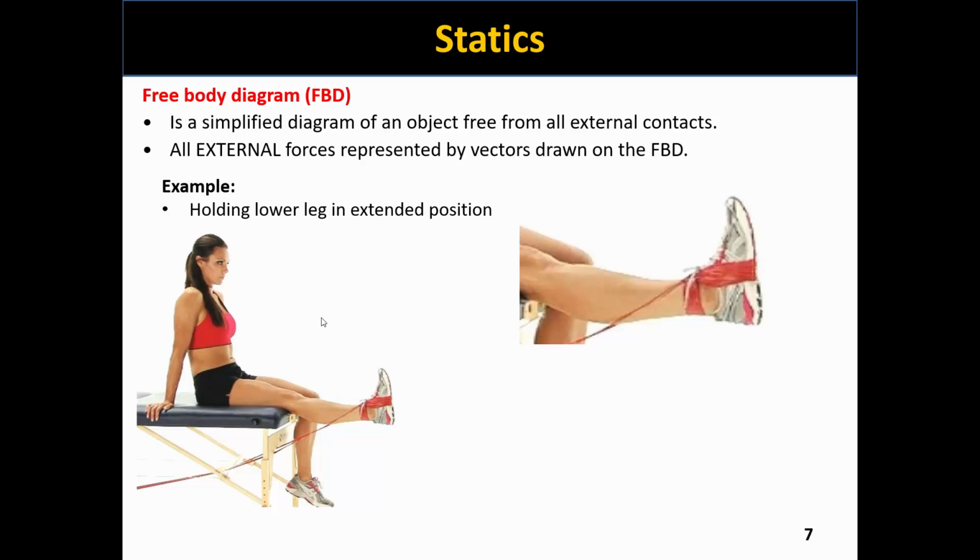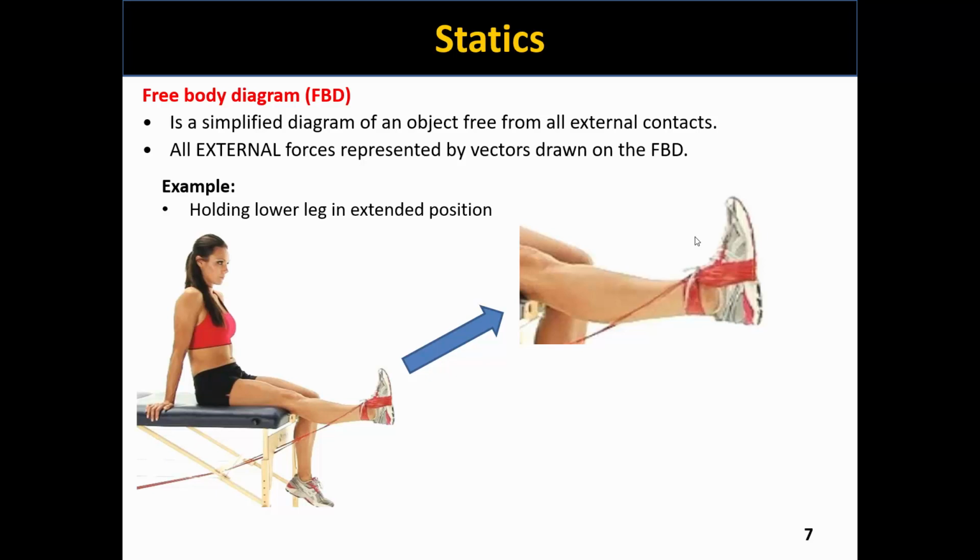Now, in terms of conducting a static analysis, we're not concerned with the patient's left leg or any other part of the body, but we want to zero in on just the system of interest, and that system is the lower leg, the foot, that has the rubber tube attached to it.